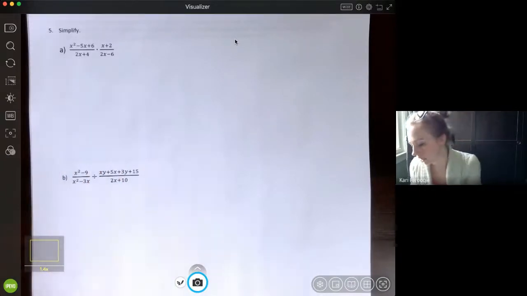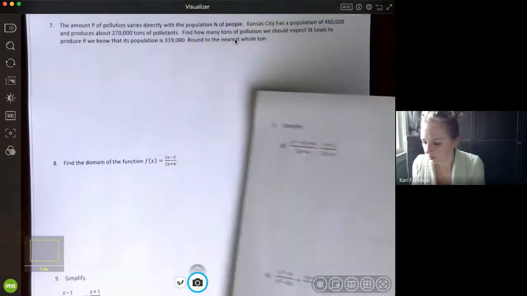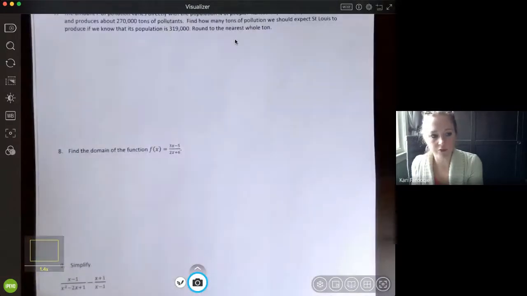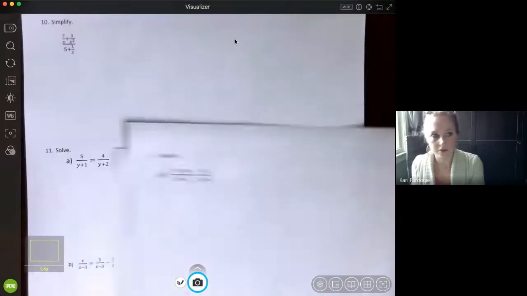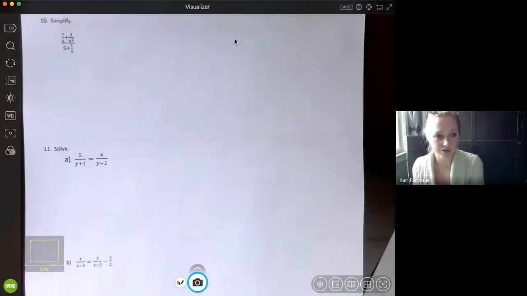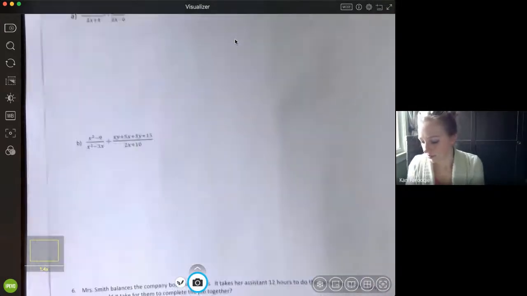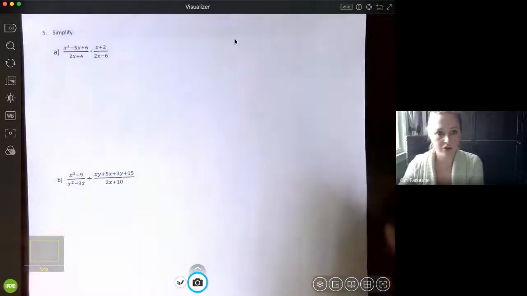We talked about applications, finding the domain, simplifying, adding and subtracting, and simplifying complex expressions. And then here we have some rational equations. So maybe I'll just start here on number 5, and then we can just kind of go backwards.